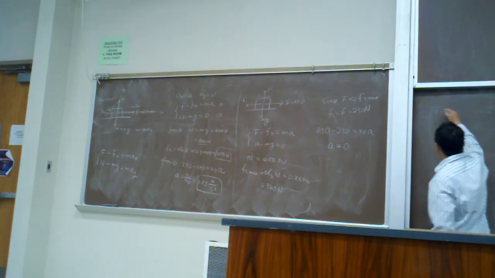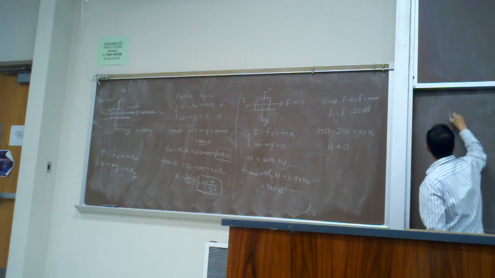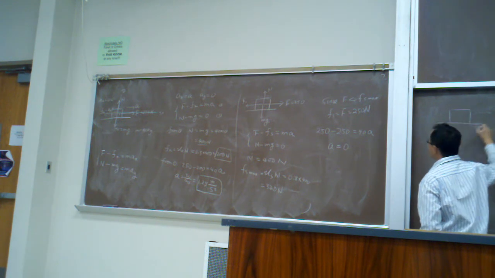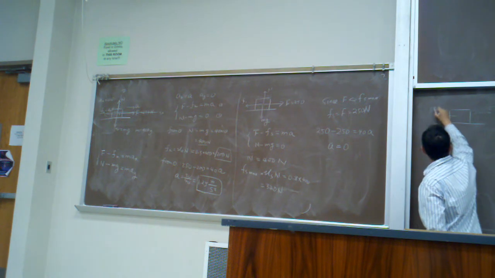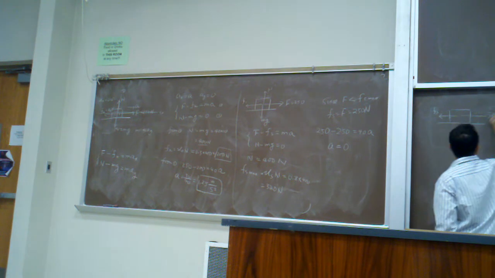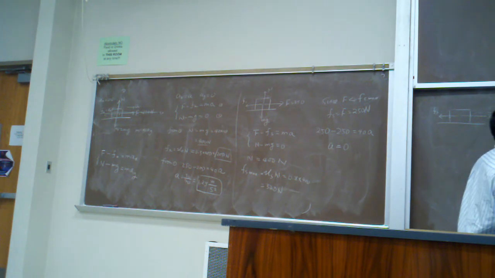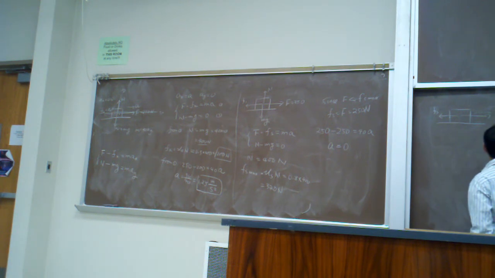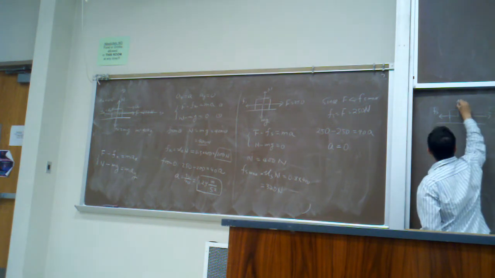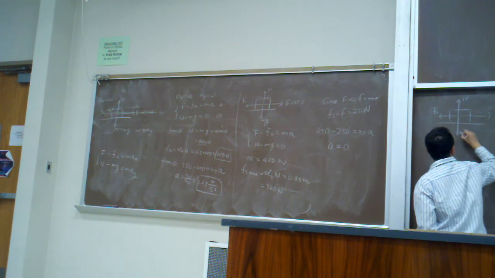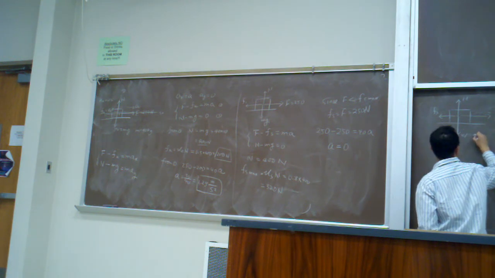And for part C, what happens is this time, it's still originally at rest, so its frictional force is Fs, but F equals 400 Newton. And you have N here, you have W equal to mg.